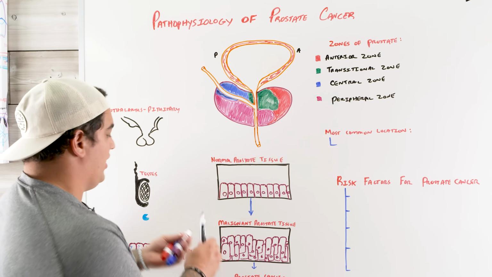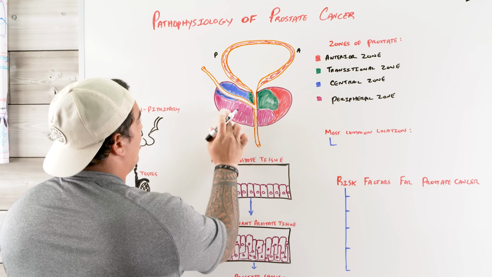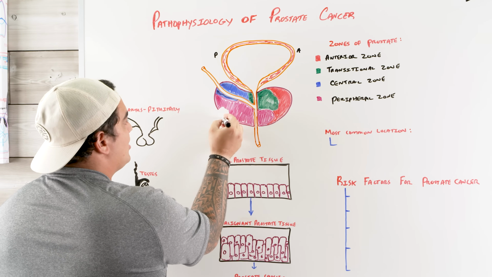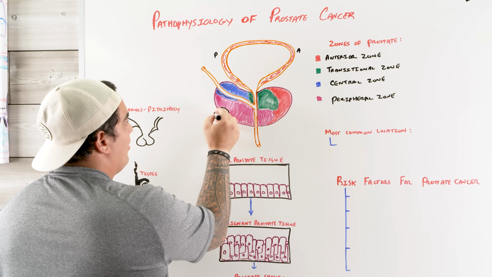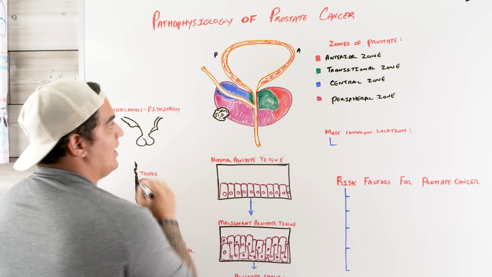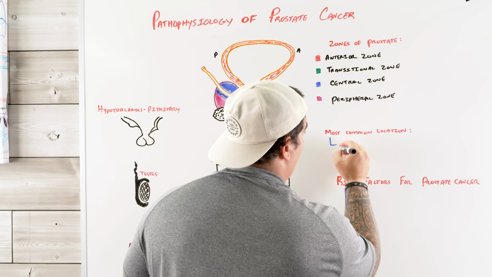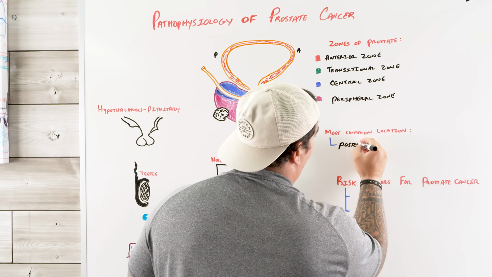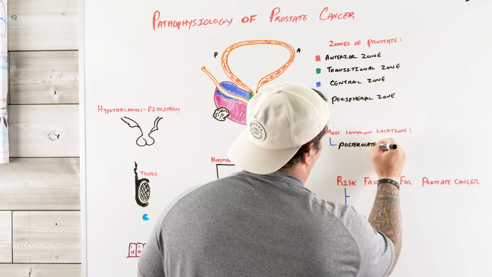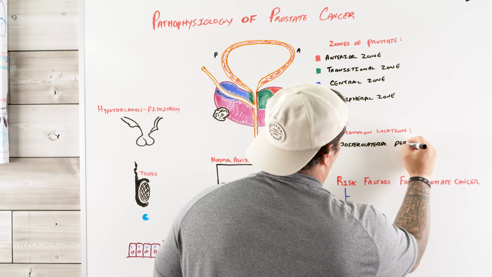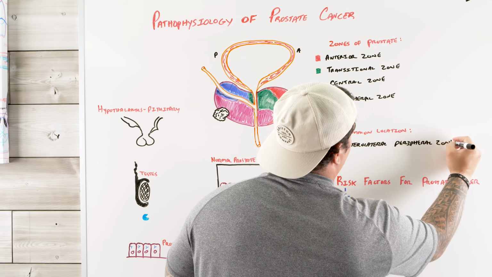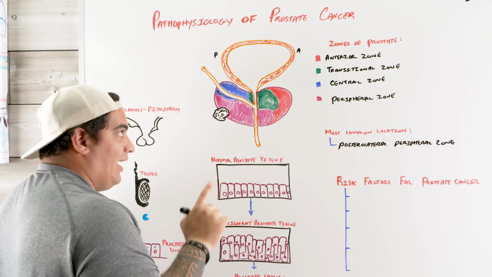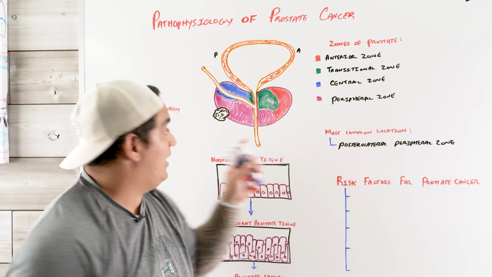So if I were to draw a tumor here, most often this would be the location where prostate cancer, or prostate adenocarcinoma, would arise. So again, what is the most common location? The posterolateral peripheral zone. It can occur in any of these, but this is going to be the most common.